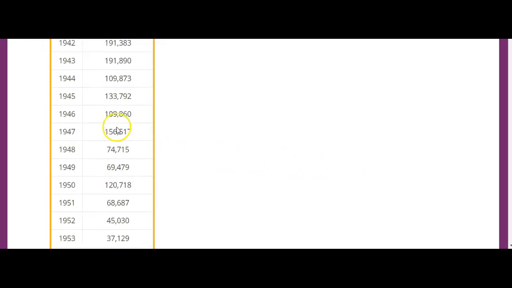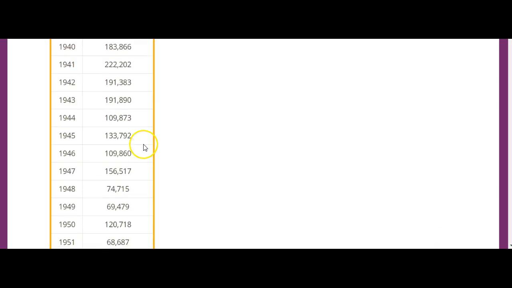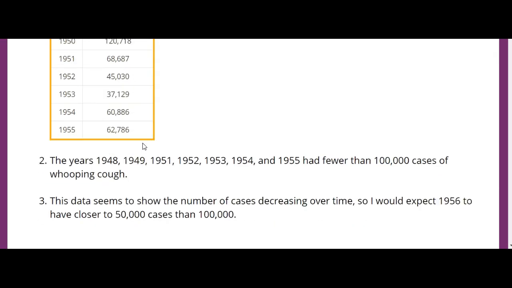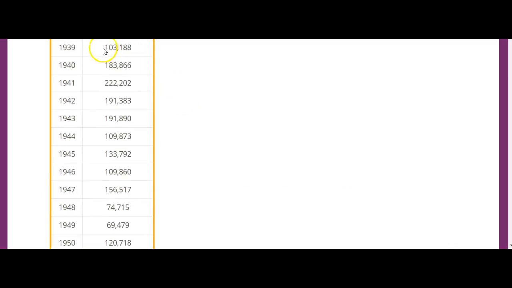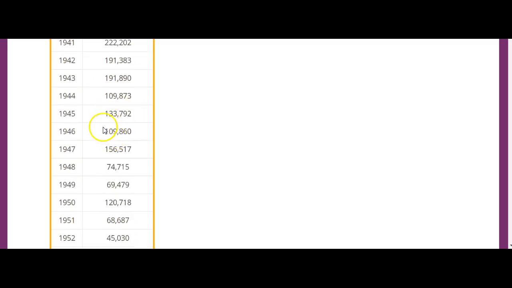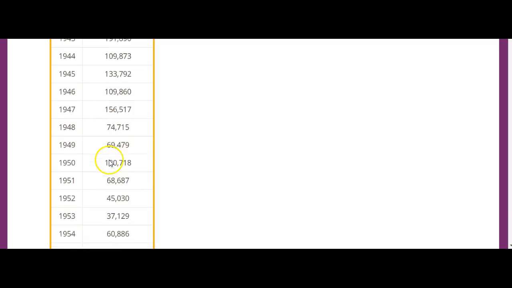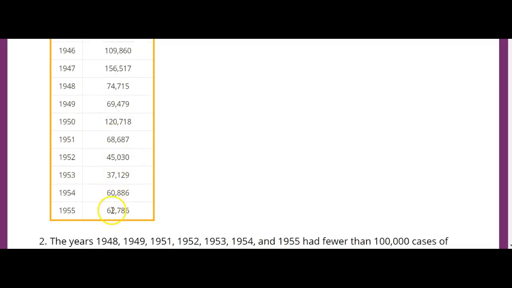So now here they're showing you it's all put in order, and you can see that it would suggest that it's going down over time. It's pretty 100, 180, 222, 191, 191, 109, 133, 109, 156. But look, in the last decade here, it only got over 100,000 one time, right?